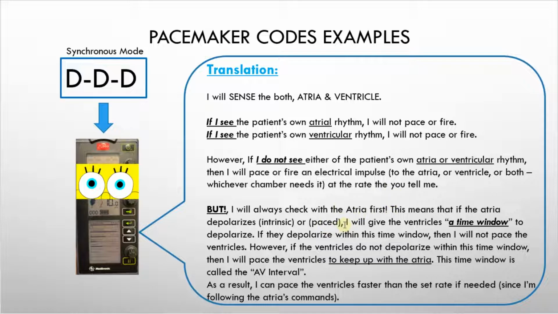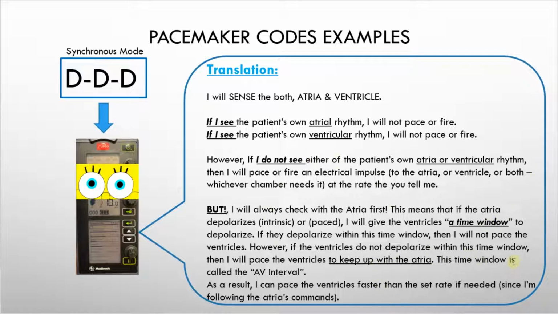Once the atria is paced, either by itself or by the pacemaker, the machine will give the ventricles a time window to depolarize, okay? If the ventricles depolarize within this time window, then the ventricles will not be paced. However, if the atria fires and the ventricles do not depolarize within this time window, then the pacemaker will also pace the ventricle at that point.